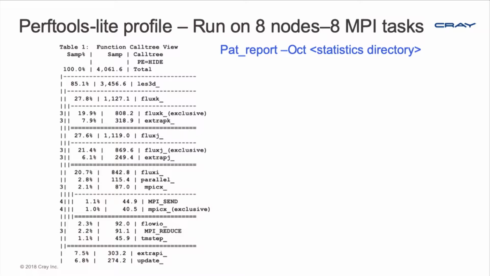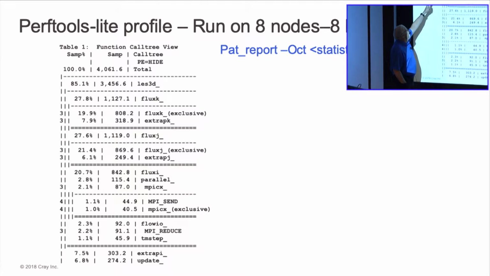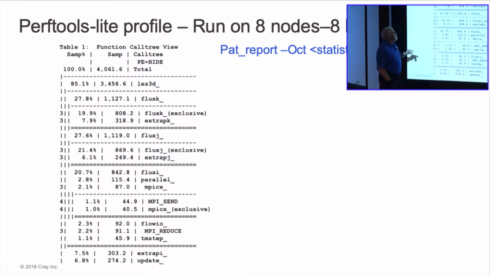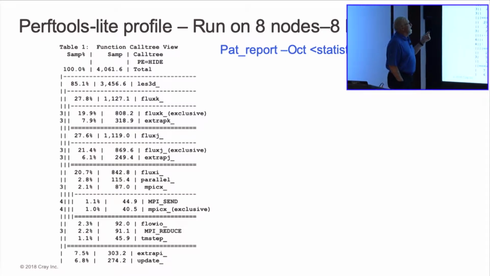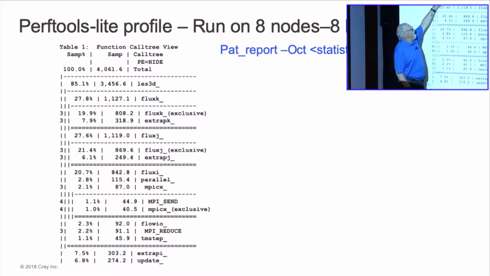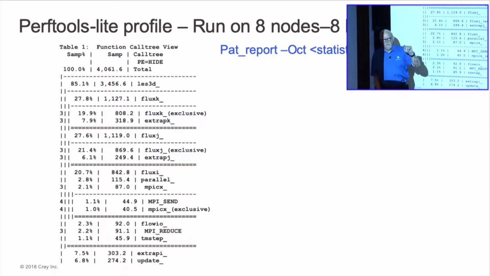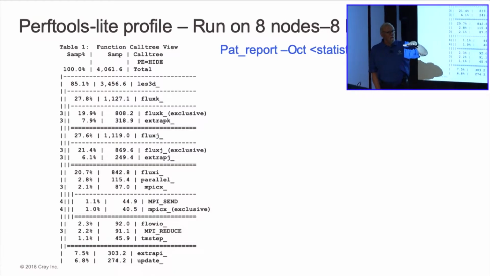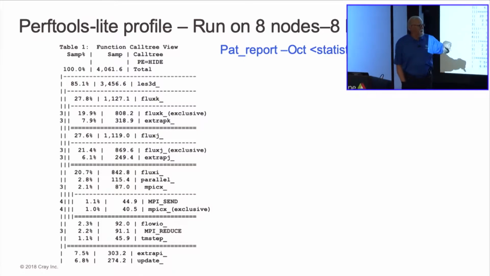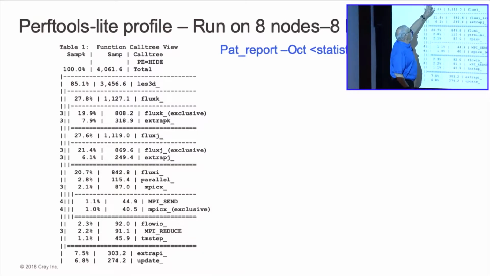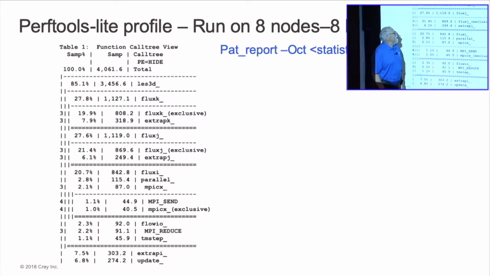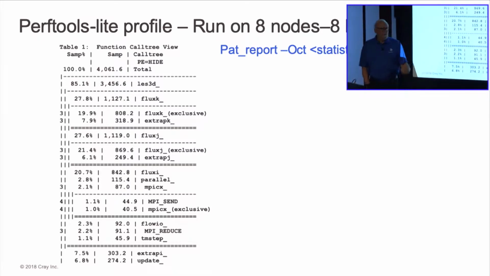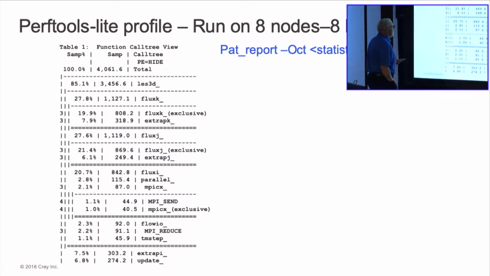So the call tree starts with les3d, and then 27.8% is spent in flux K. 19.9% of that is in flux K, excluding all the routines that it calls. 7.9% is spent in extra PK. Okay, so you get a really good idea.